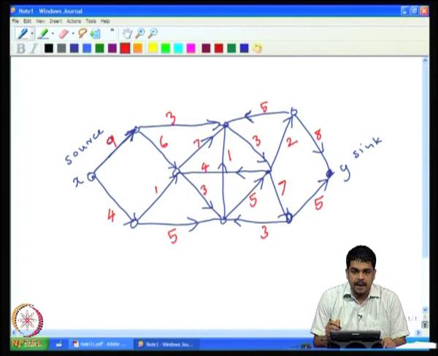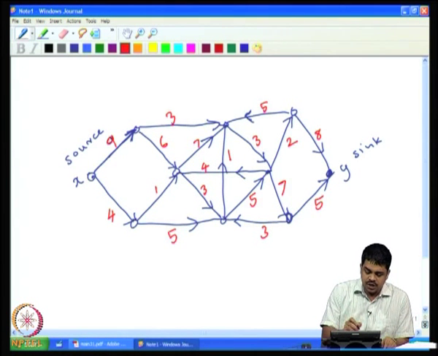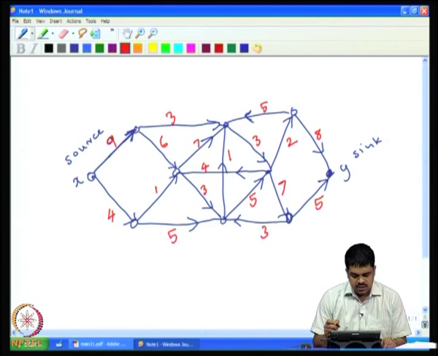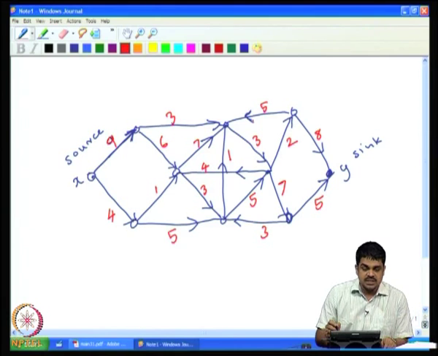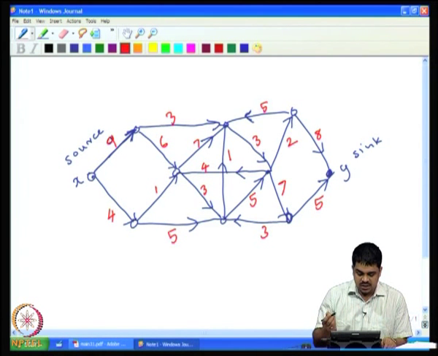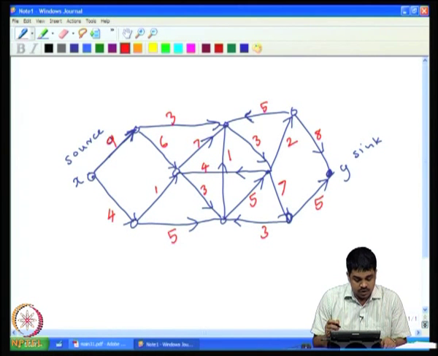So, what does it mean? A capacity means, so you try to send the commodity on a certain route, say along this edge, then it says that the maximum rate at which you can transport the commodity through this edge is 3 units per unit time, something like that, right. But in practice what actually goes through can be less, but it can never be more if it should be feasible, right.